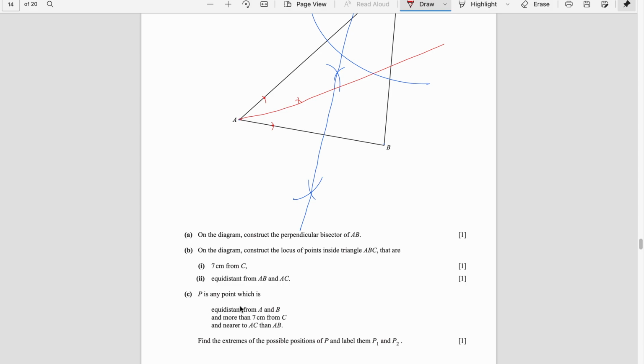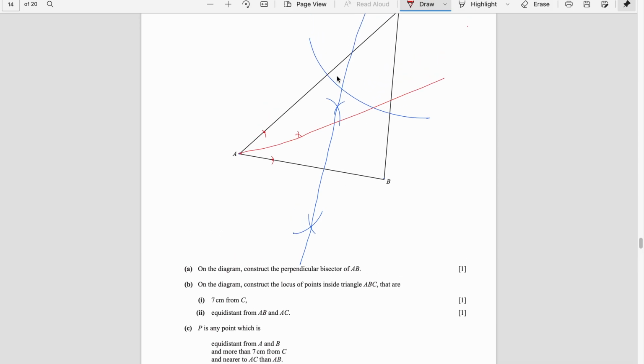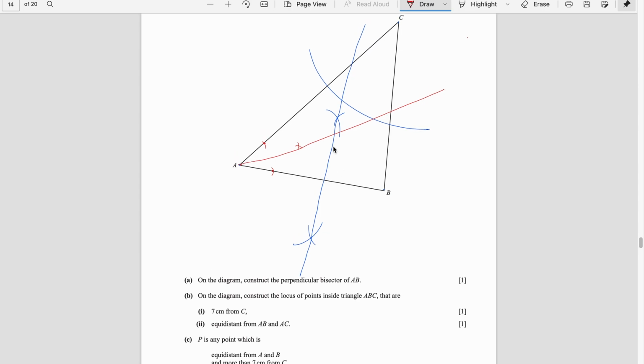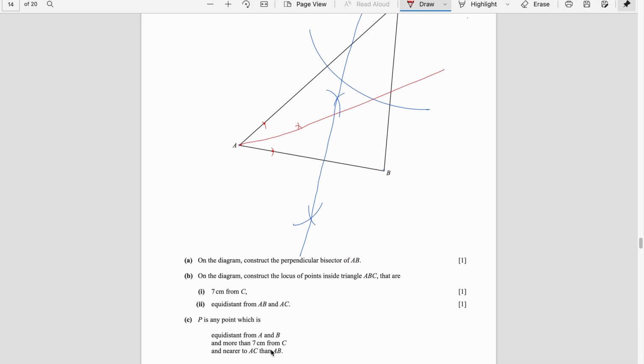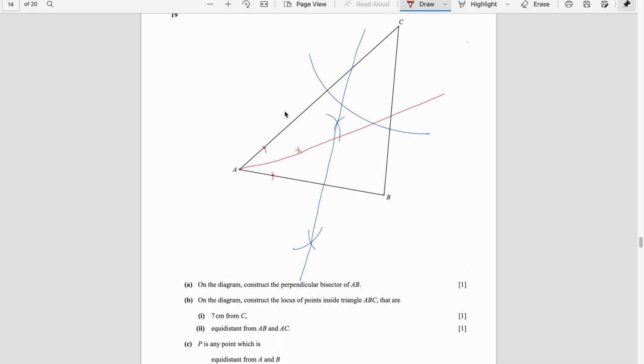Now it says P is any point which is equidistant from AB, so it lies on the perpendicular bisector, more than 7 centimeters from C, so it lies outside this arc, in this region, nearer to AC than AB. So firstly, it is on this line in this region and nearer to AC.